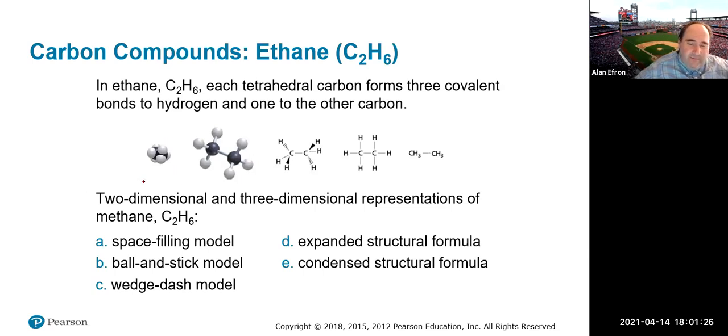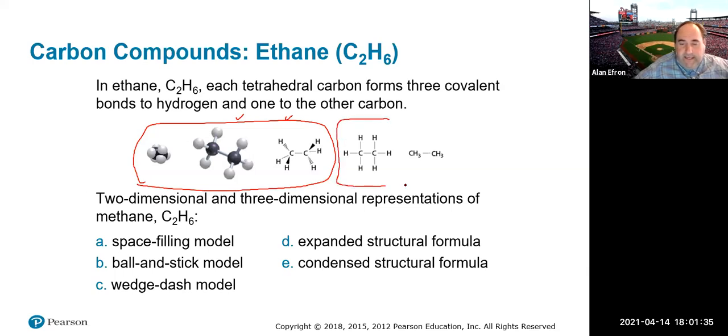Again, we probably won't be doing too many of these kinds of drawings here. Maybe in lab you might, but we mainly will focus on our expanded structural formula, where we have drawn out all the hydrogens. This is our condensed formula where we did not draw out the hydrogens.